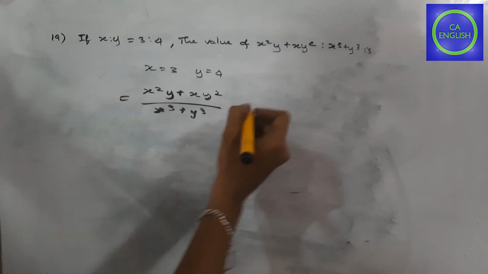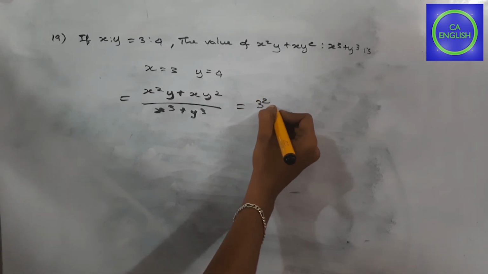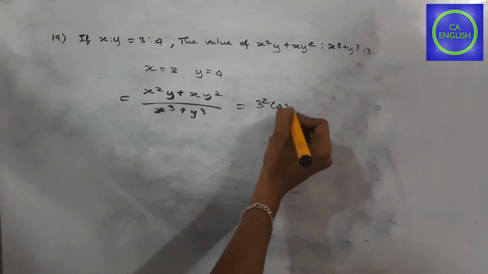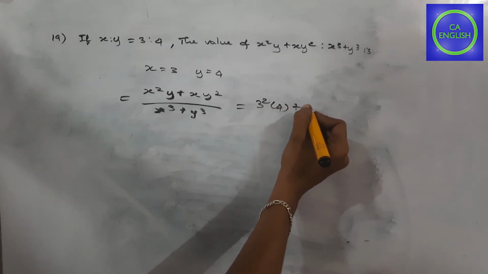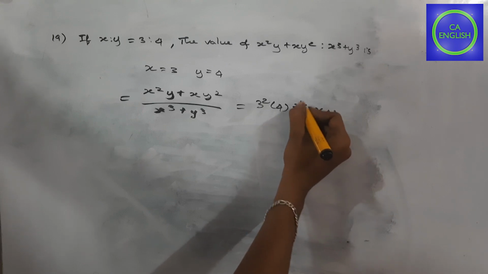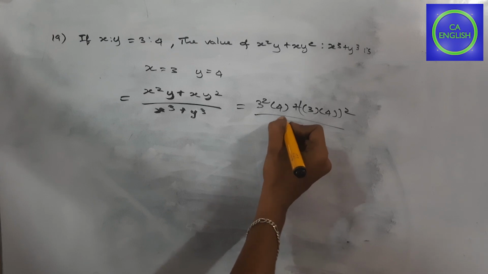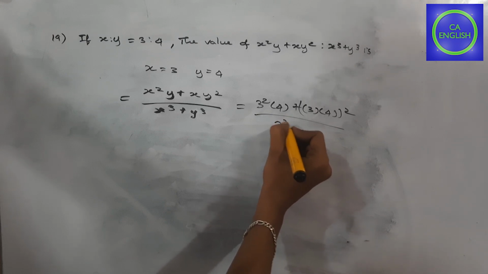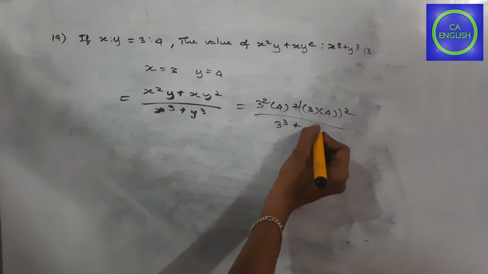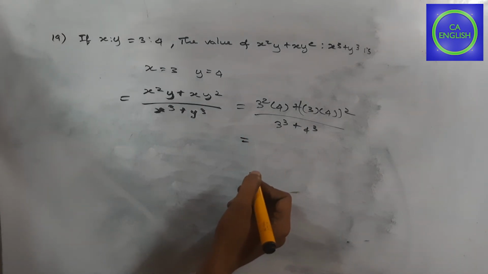Very easy. Just put 3 square into 4 plus 3 into 4 square, divided by 3 cube plus 4 cube. Just square the terms and multiply the terms.